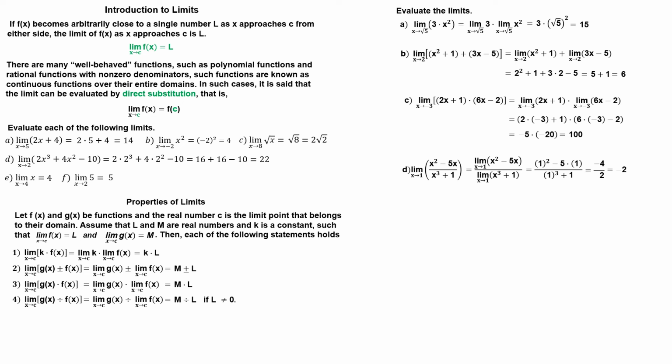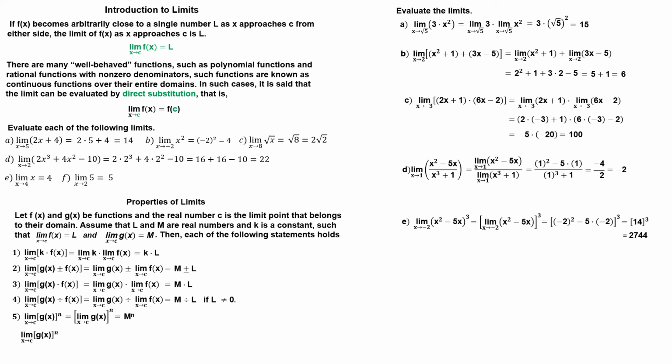The next property is known as power property for limits. This property states that the limit of the power of a function is the power of the limit of the function. We find the limit of the function as x approaches -2, and then we put the power back. 14 raised to the power of 3 is 2744.